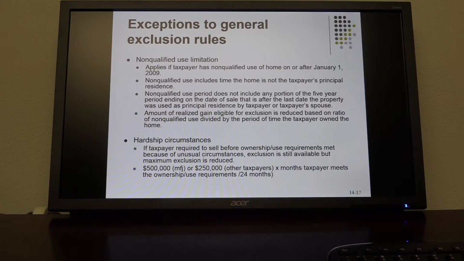And so you could increase your basis, let's say inflation was 2%. And so Congress says, well, we're going to allow you to increase your basis by 2% inflation.